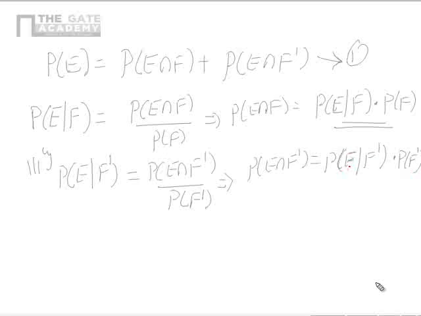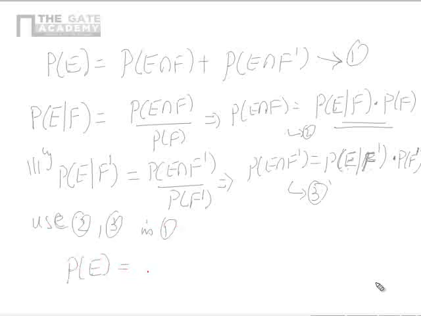Let me call this result 2, and this result 3. Use 2 and 3 in 1, what will we get? Probability of E is nothing but probability of E when F has occurred times probability of F plus probability of E when F complement has occurred times probability of F complement.